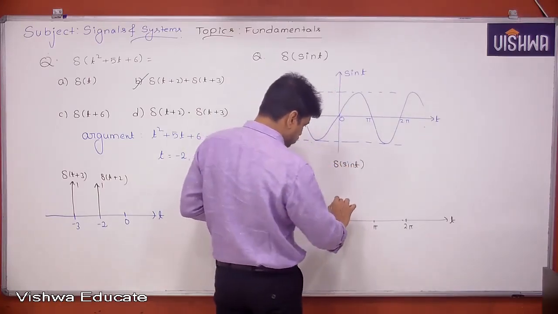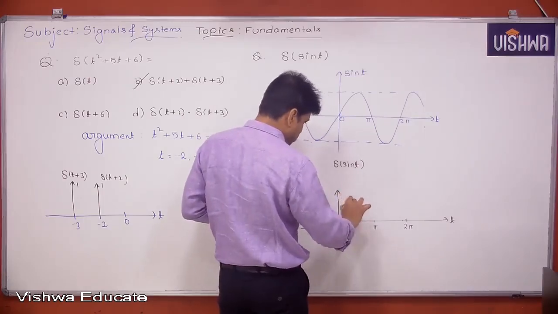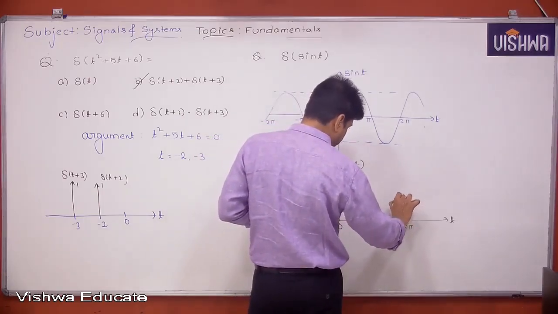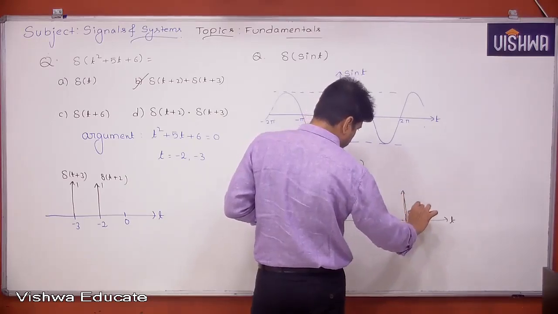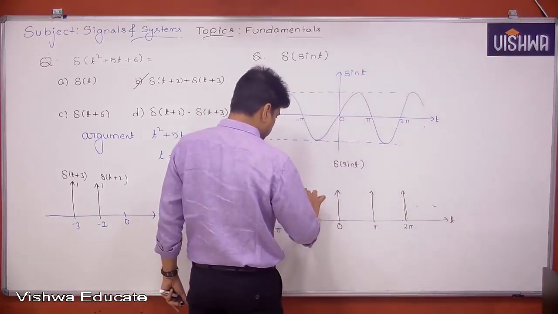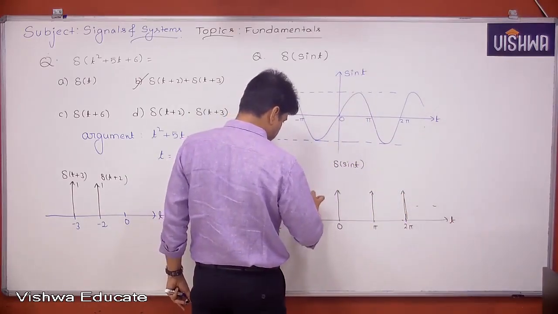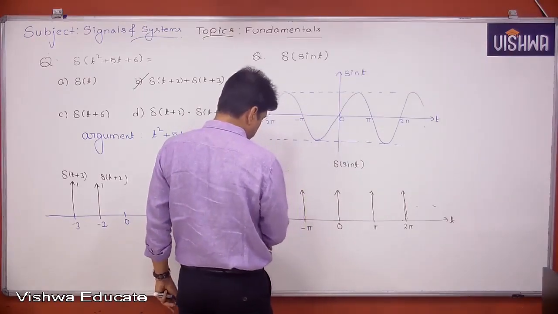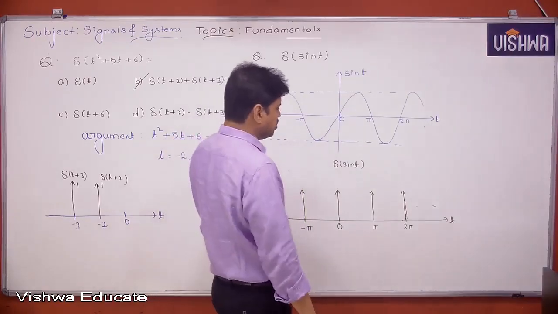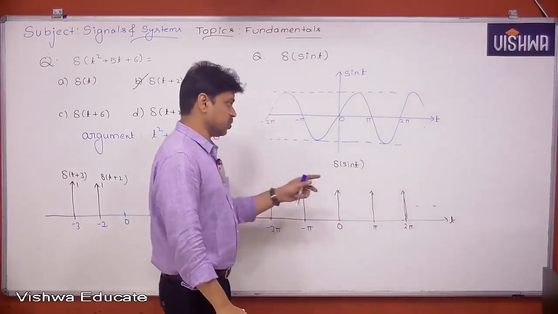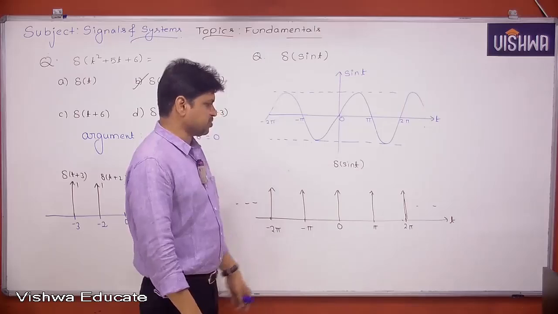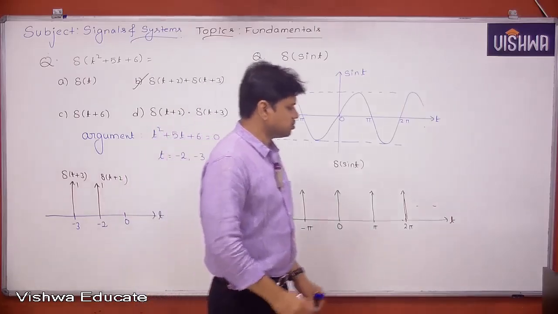We are going to get one impulse function at 0, another impulse function at pi, 2 pi and so on, minus pi, minus 2 pi and so on. So this is what the delta sin t curve looks like. Wherever it is 0, there we are going to get an impulse function. Make a note.